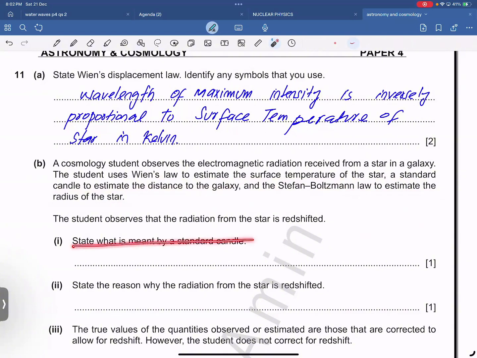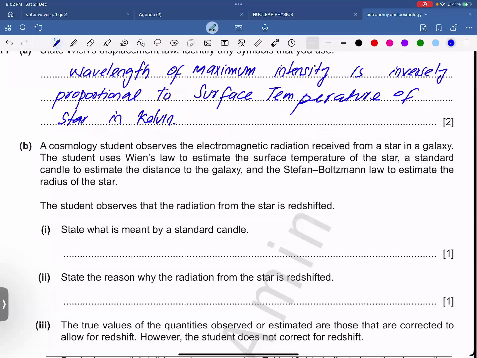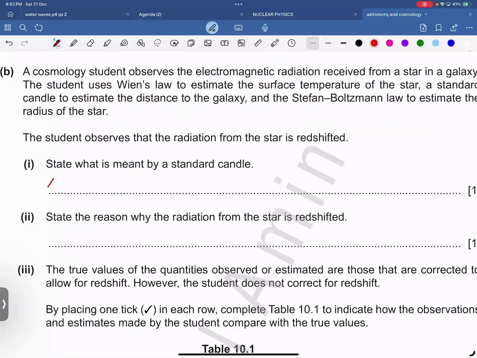So state what is meant by standard candle. An astronomical object with known luminosity.